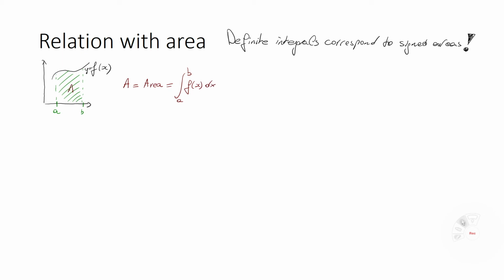So this shaded area right here is the integral from a to b of f of x dx. And this is if f of x is bigger than or equal to 0, so if it's above the x-axis.